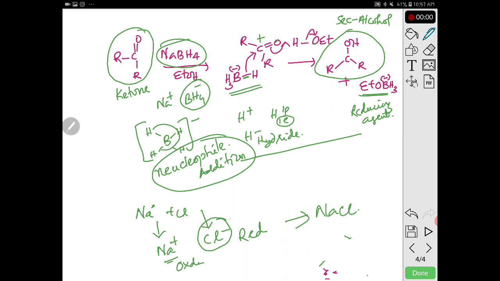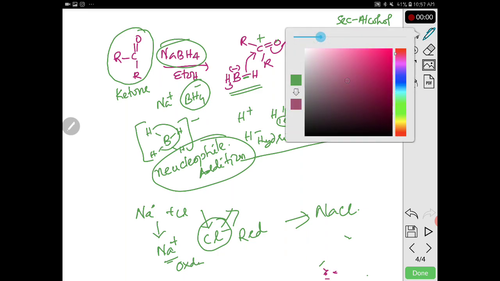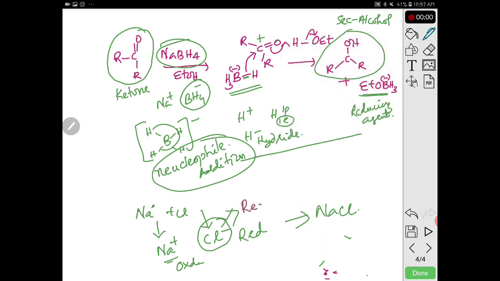So chlorine made sodium get oxidized; this chlorine is the oxidizing agent, and this chlorine has got reduced because sodium has given an electron to chlorine.